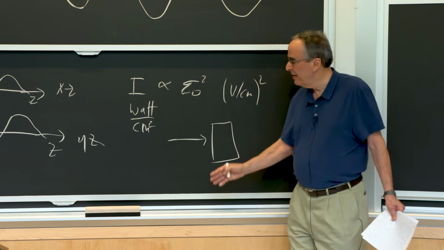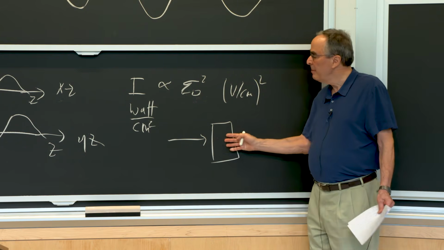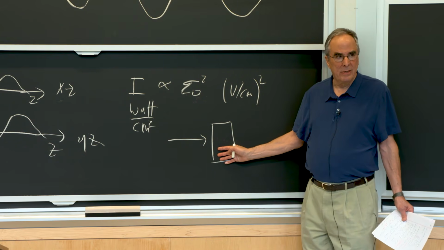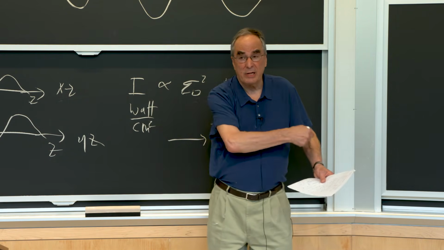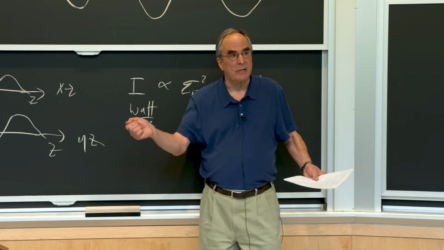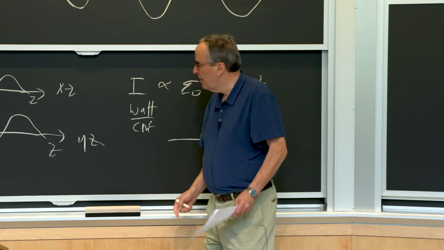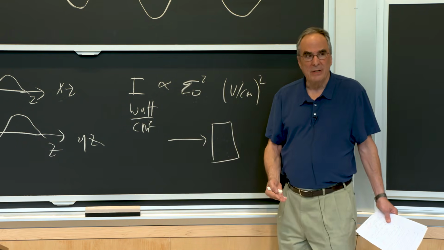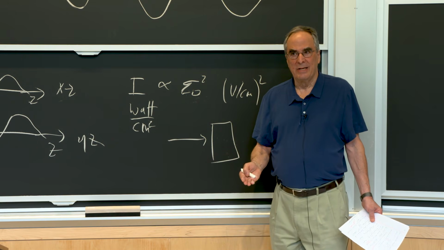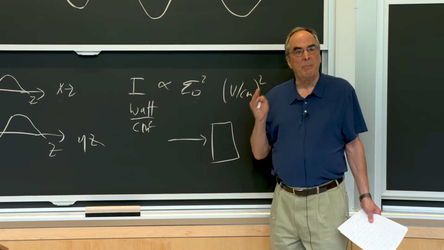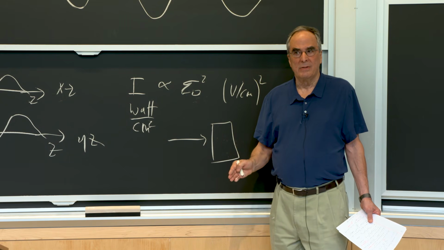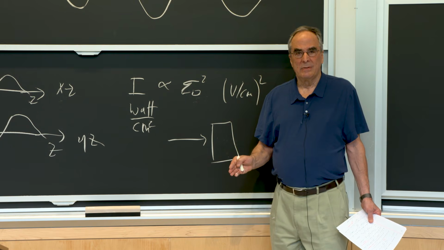But the easy thing is, if we put a beam of light onto a metal, it's pushing the electrons around, because that's what an electric field does. It moves the electrons. So you would expect, classically, that at high enough intensity, you're going to start ripping electrons out of the metal. And that would be wrong.